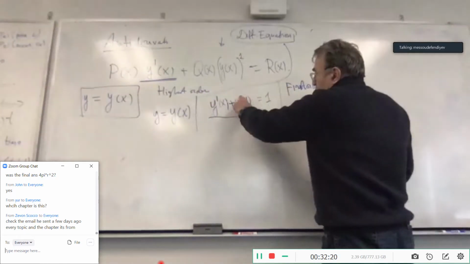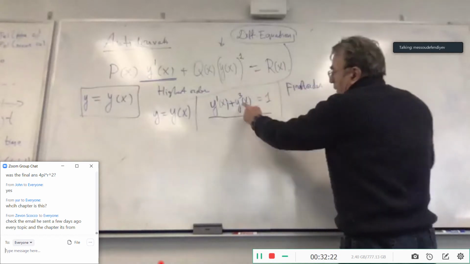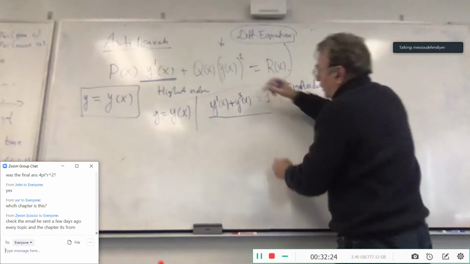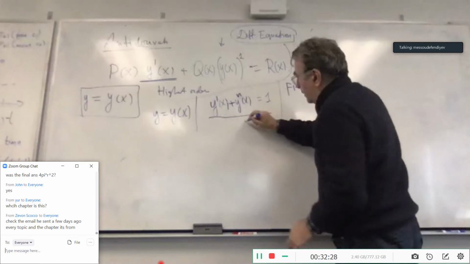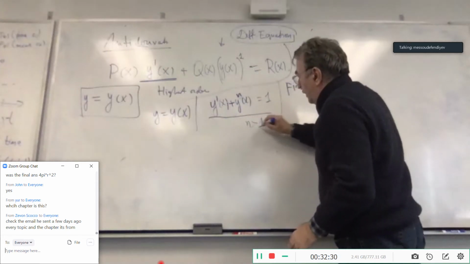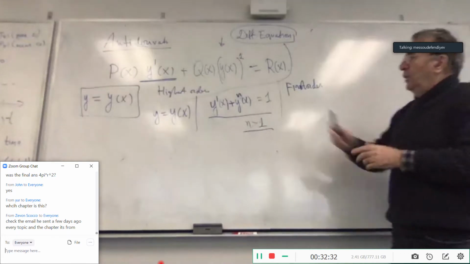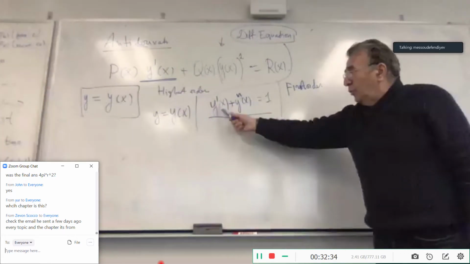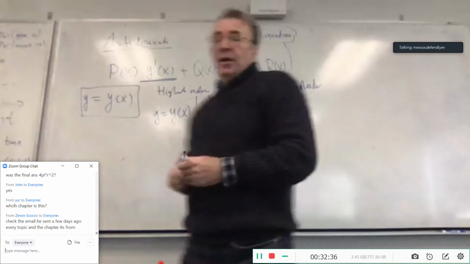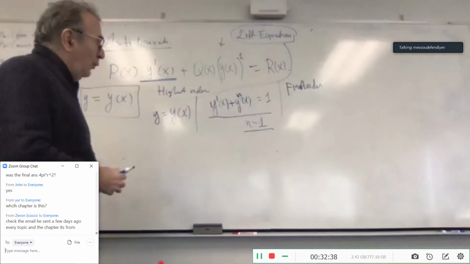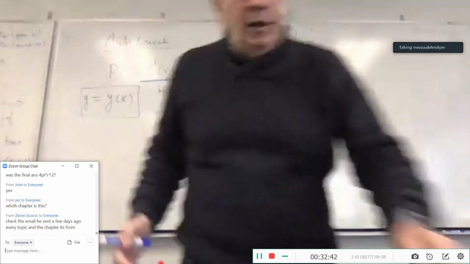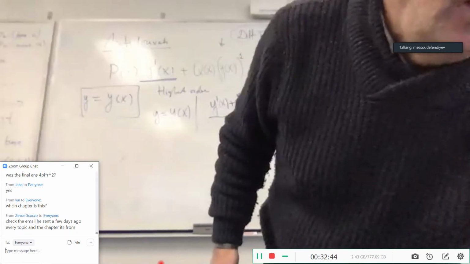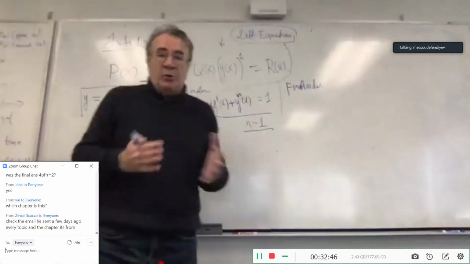If it is a cube, again, when n is strictly more than 1, this is called nonlinear first order, because the derivative is first order.